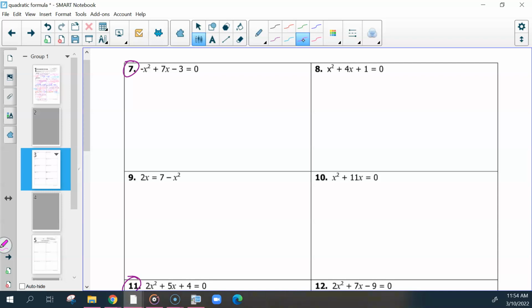What are your A, B, and C values? You're so close. The 7 and the -3 are your B and C, but your A value here is -1. So when we do this, we have to remember that our A value is -1 and that we put in that -1.